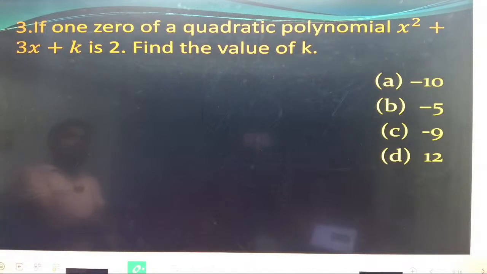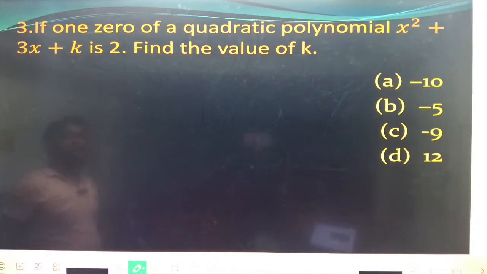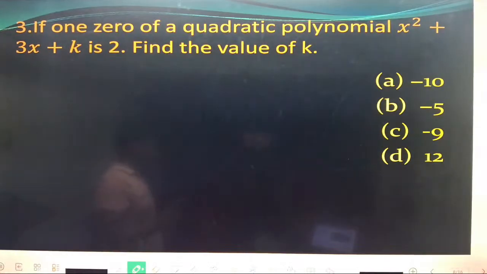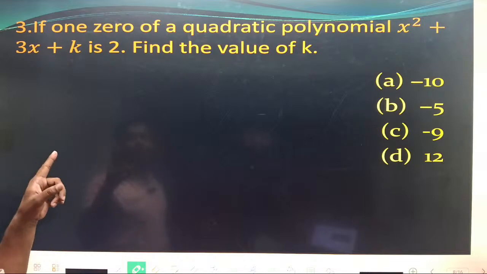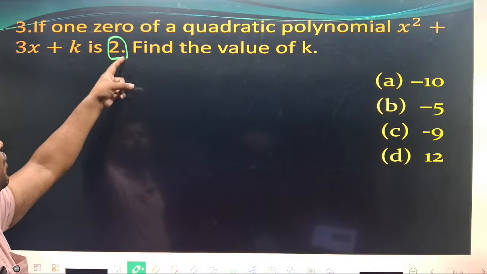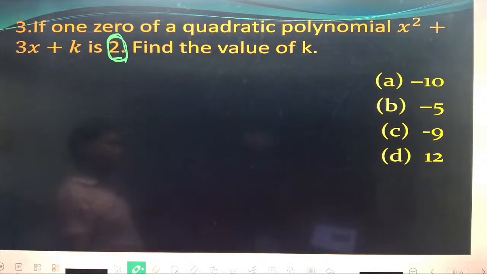If one zero of the quadratic polynomial x square plus 3x plus k is 2, then that is the value of x. Now you compute.